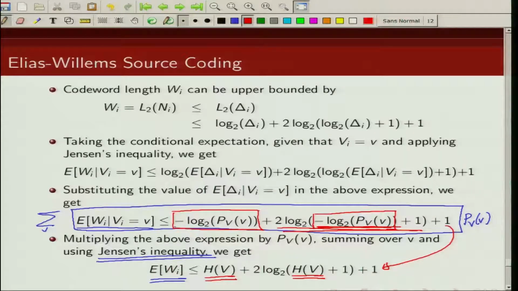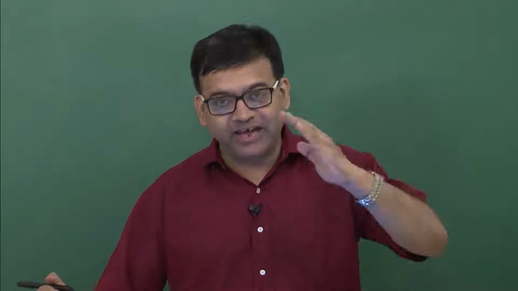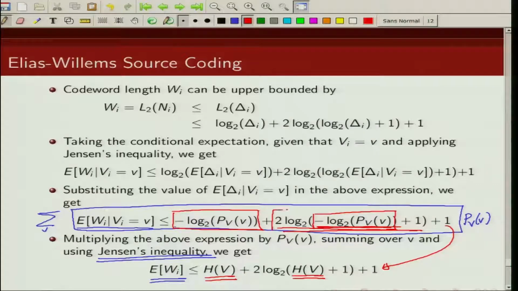Again I used two things. I multiplied both sides by probability of V, summed it over all V, and I invoked Jensen's inequality, which says that if you have a concave function, then expected value of the function is less than or equal to function evaluated at the expected value. And that's what I used here.